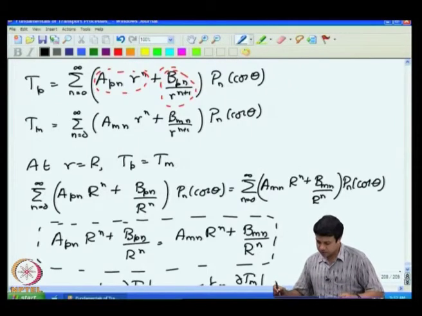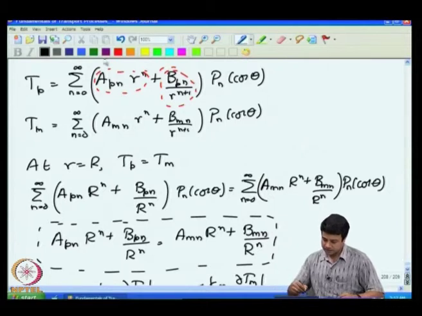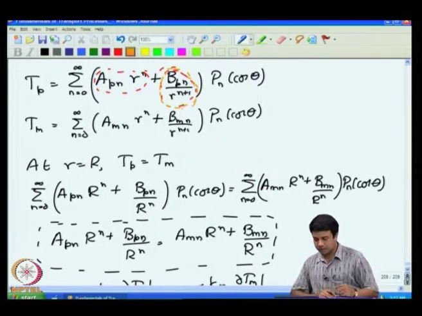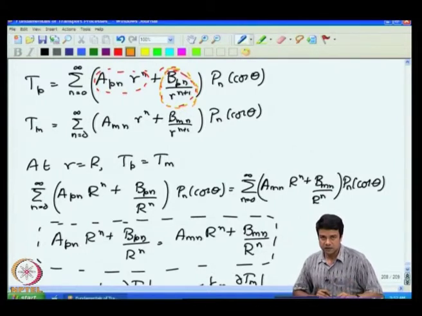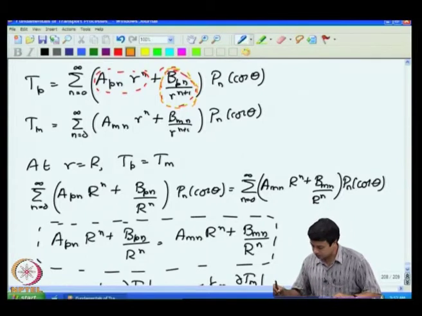So, the condition at the center of the particle implies that all of these terms are identically equal to 0 at the center of the particle, because they have 1 over r power n plus 1. These terms diverge as r goes to 0. Therefore, you have terms that go only as r power n. Since the others go to infinity, the coefficient Bpn has to be equal to 0.